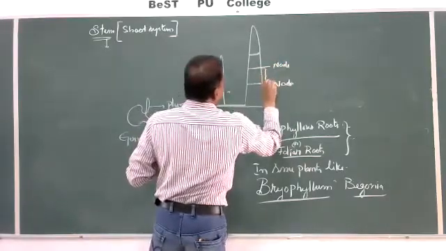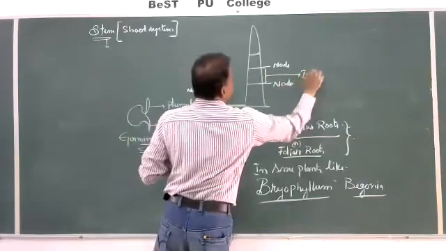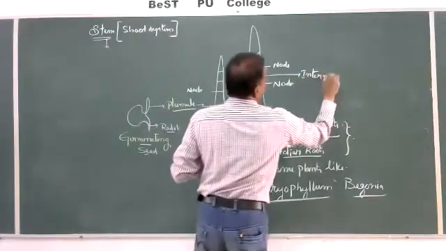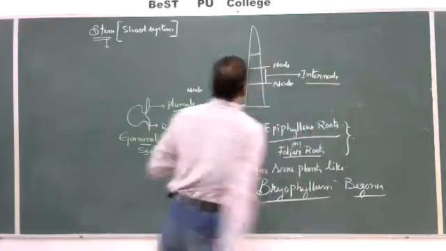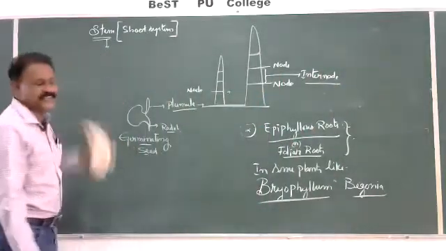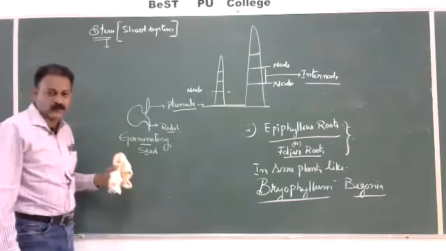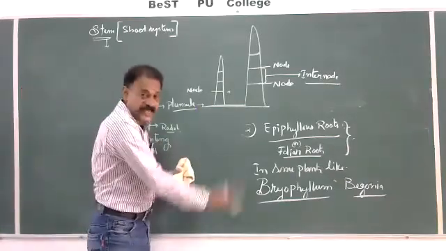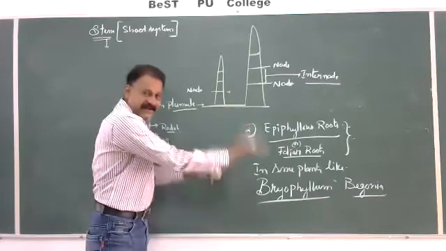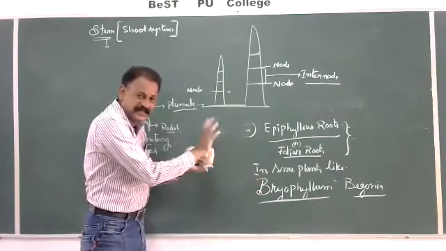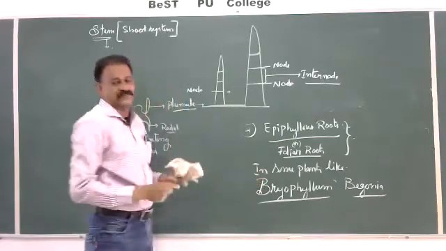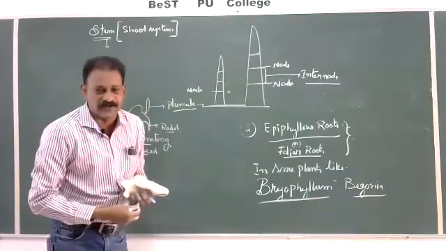The place between two nodes is the internode. So the question comes, what is the difference? When we observe the root system, primary root, tap root, any adventitious root or fibrous root, it does not show these structures called nodes or internodes.